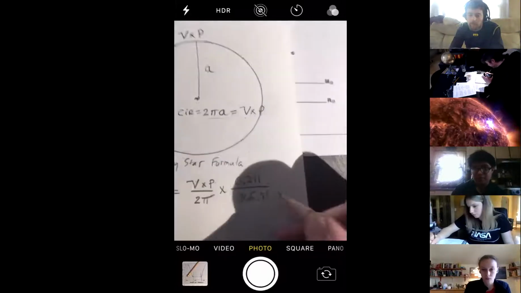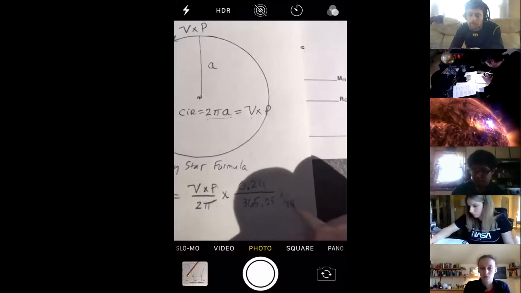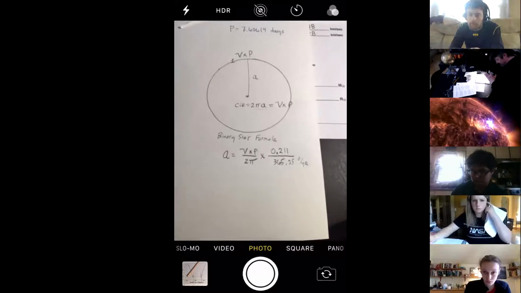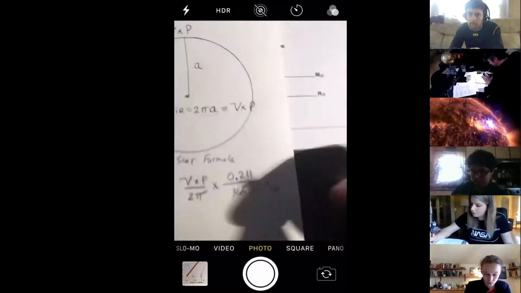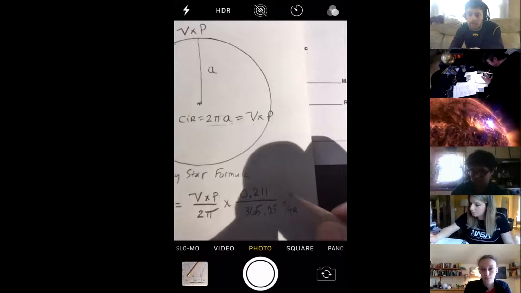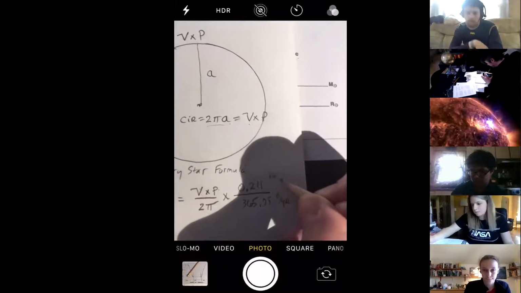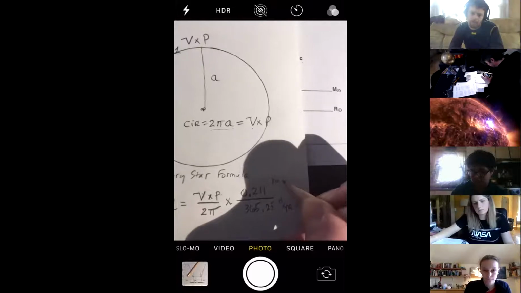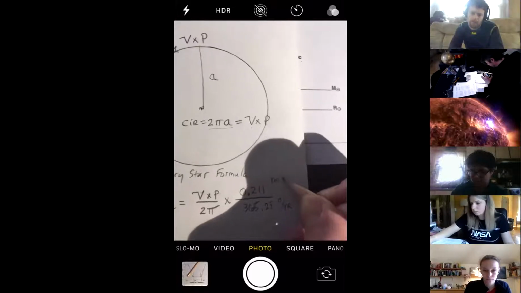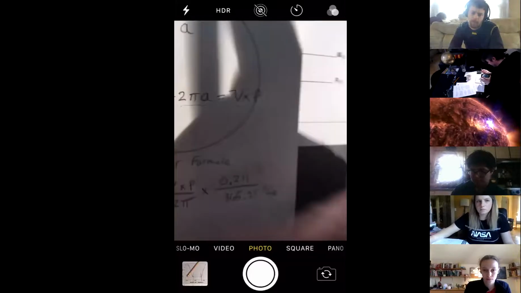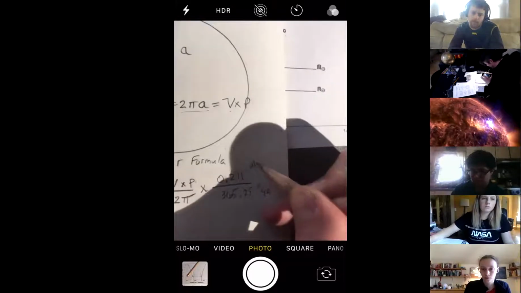The 365.25 will convert from days to years. And the 0.211 will convert from kilometers per, sorry, it'll convert to AUs per year over kilometers per second.